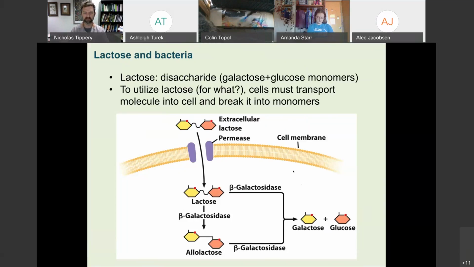So the ability to digest lactose involves, as this slide says, getting it into the cell using this permease transport molecule, and then breaking it down using this long-worded enzyme named beta-galactosidase. So beta-galactosidase converts lactose into its simpler sugar building blocks, and those can be digested by the more commonly expressed genes that break down simple sugars.